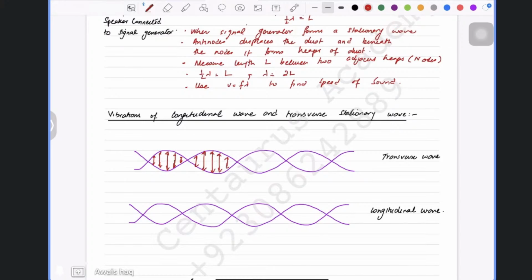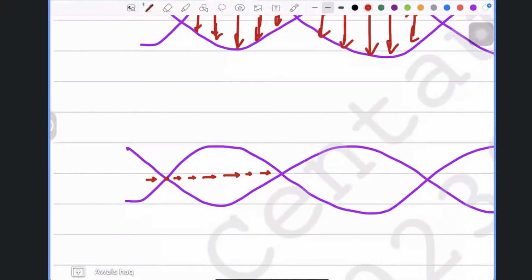particles going towards nodes like this, and as they're progressing, you should understand that they would grow smaller, like no displacement here, and they would grow larger and larger and larger, and then again they will become shorter and shorter like this, and then on the other side it will be the same, so they will be one-sided, and then at nodes they will have no displacement.